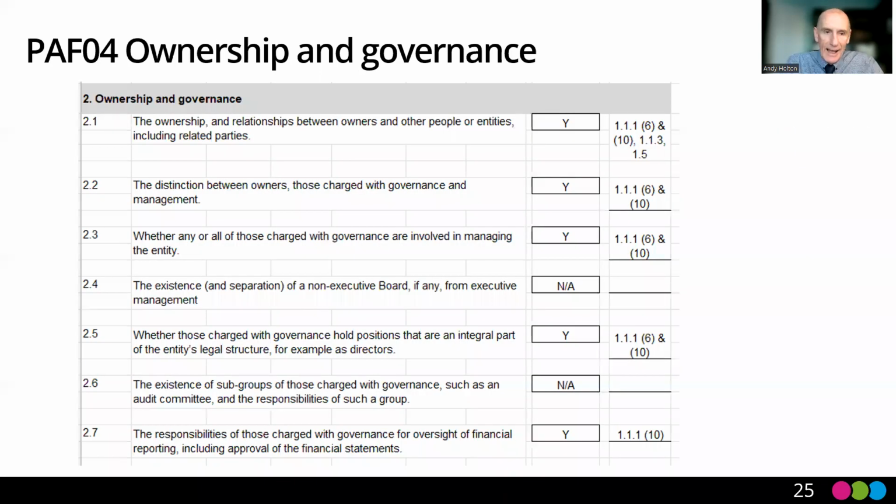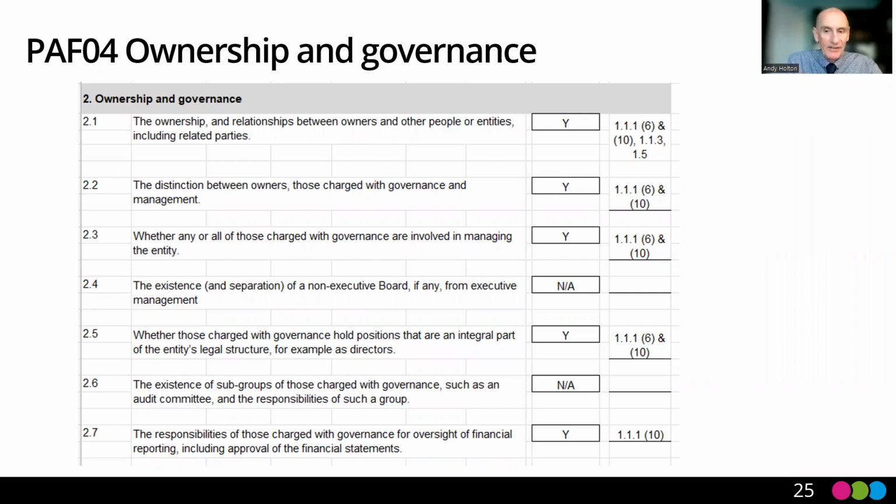So just looking at some of the changes to the permanent file forms, again, you can see from the example on the slide, this is ownership and governance, one of the new sections, that where we've got yes answers, there are then references to where that information is recorded on the permanent file.